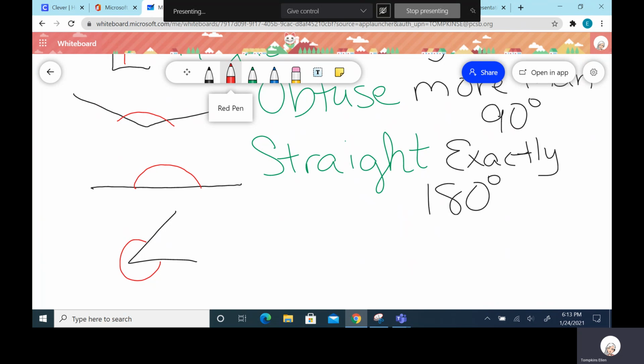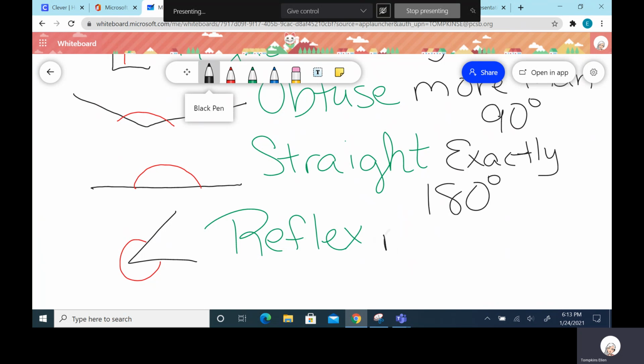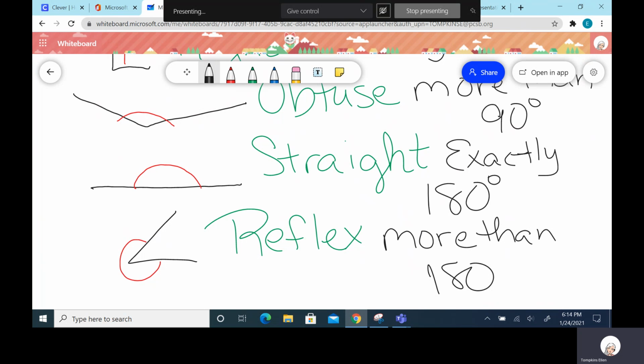It looks like an acute angle, but I'm actually going around it, because I'm talking about the larger angle, and that is a reflex angle. And that guy is more than 180. All right, so those are the 4 classifications of angles.